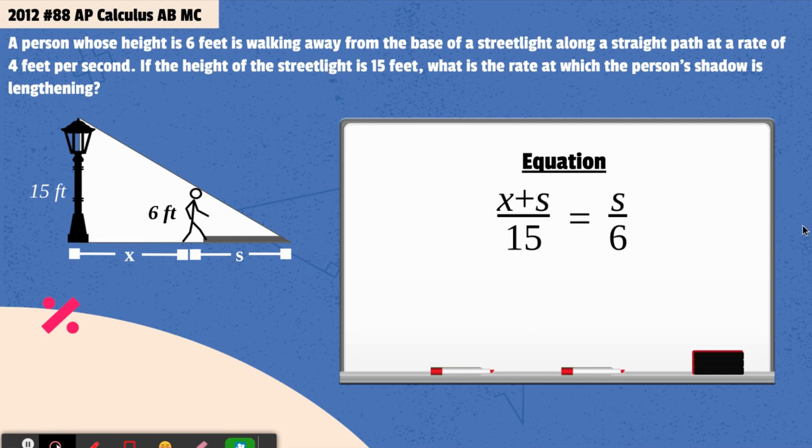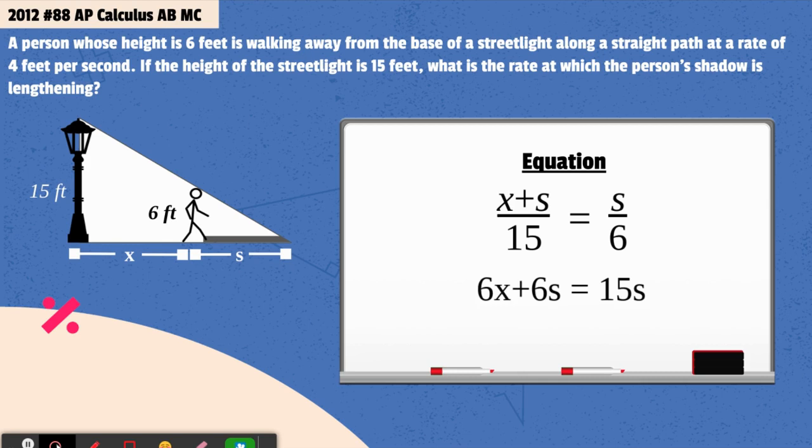So in order to use this proportion, we make x plus s, the full bottom length, over 15 equal to s, the length of our shadow, over 6. Those are proportional, so we can solve for our x.